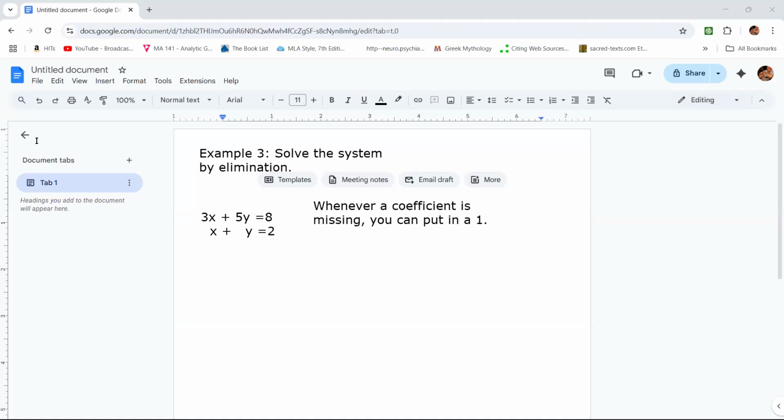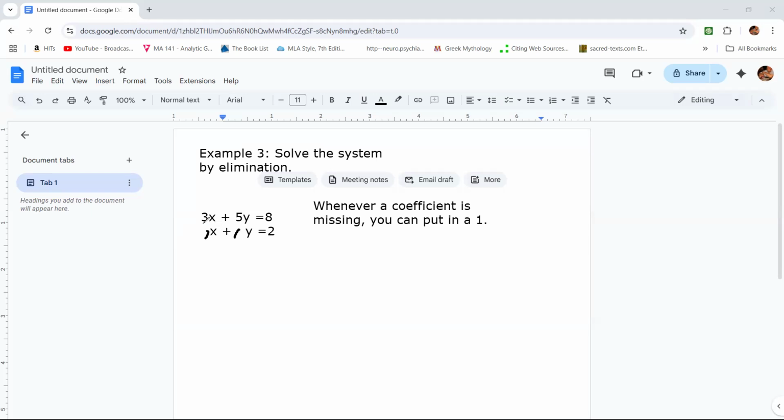So what I'm going to do here is I'm going to put in a 1 in front of this x. There's a 1 there. And I'm going to put in a 1 in front of the y here. 1y.